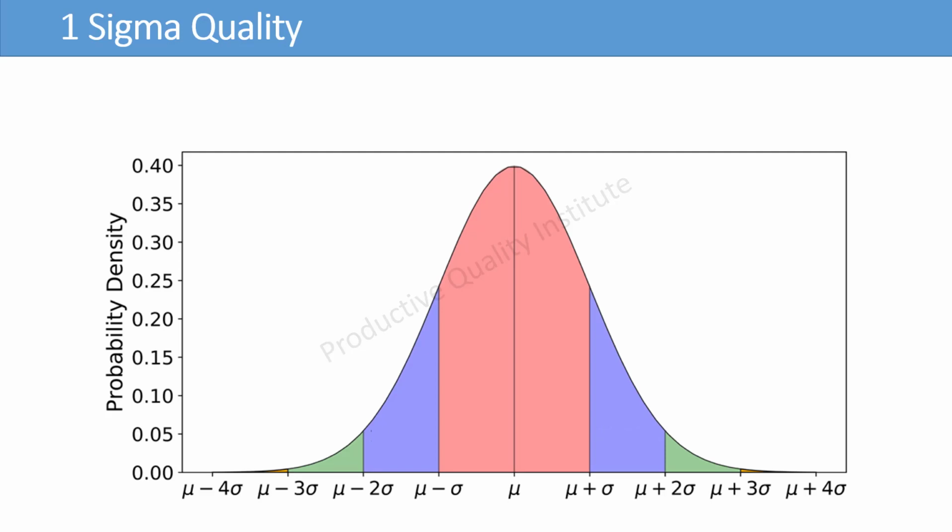For 1 sigma quality, consider the lower specification limit equal to mu minus sigma, and the upper specification limit equal to mu plus sigma. The area under the curve between mu minus sigma and mu plus sigma is equal to 68.27%.